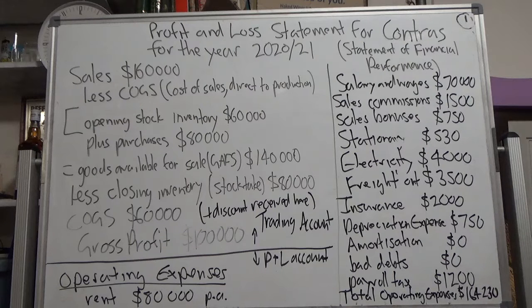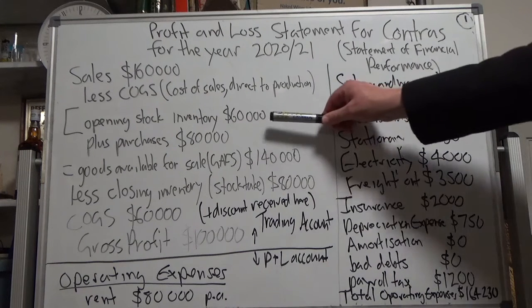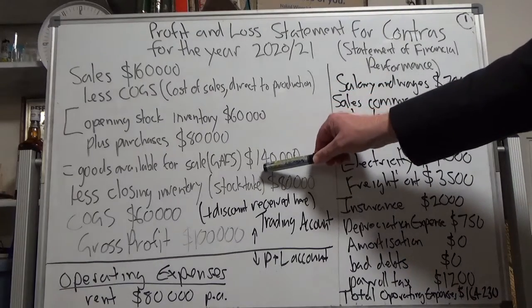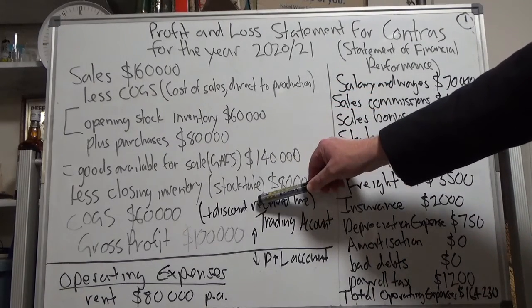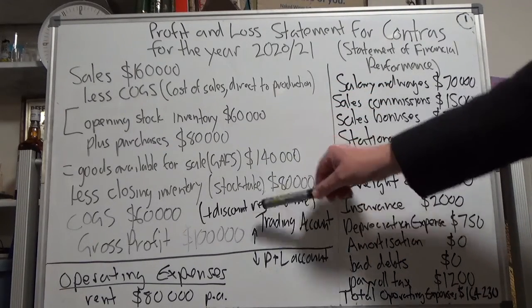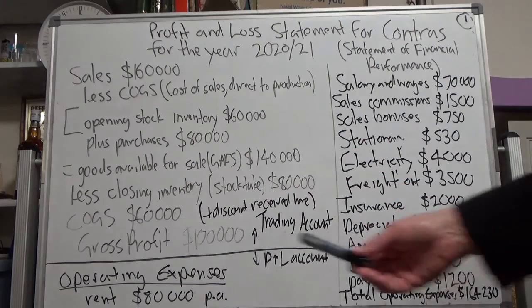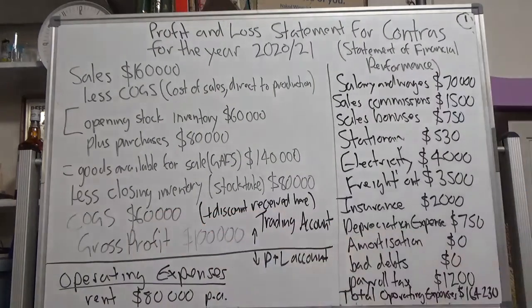Often companies do a combination of both periodic counting of inventory and perpetual, because you have issues such as theft, unfortunately. So we're up to opening stock plus purchases, goods available for sale, minus closing inventory after the stock take, and that gives you a final figure of COGS once you compute those numbers.